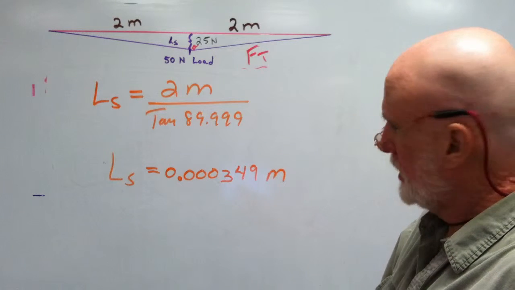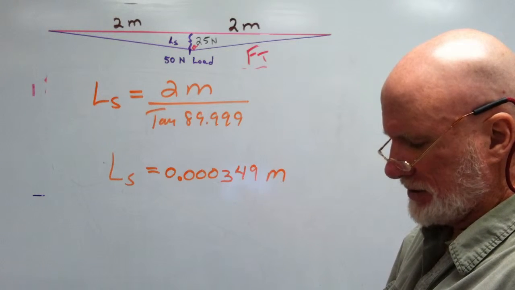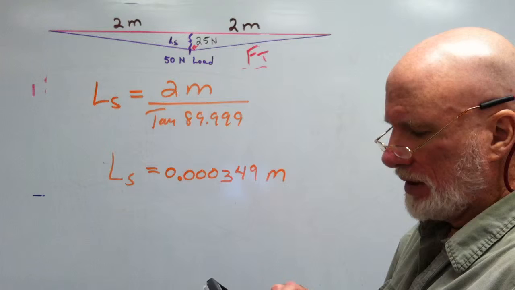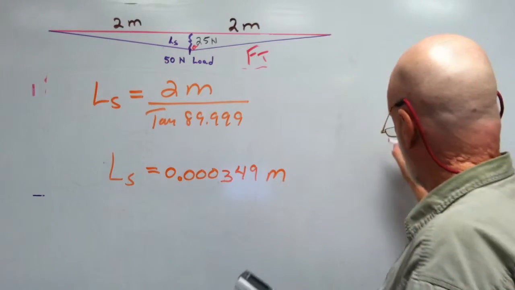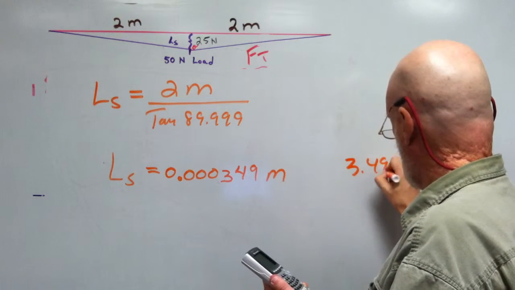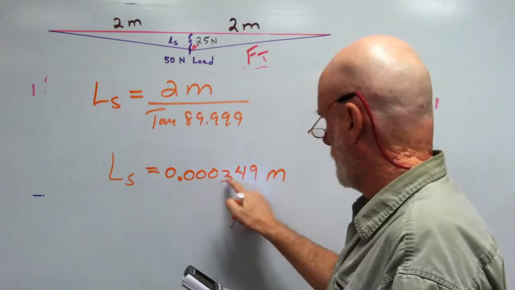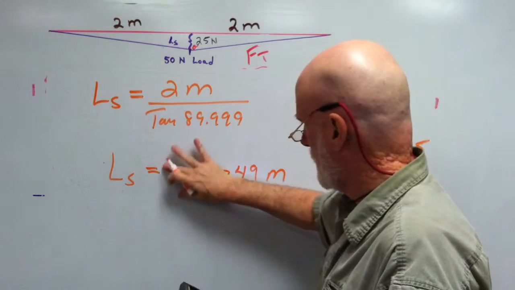So 2 divided by tangent of 89.999 equals 3.49 times 10 to the negative 5th. So 1, 2, 3, 4. We need an extra 0.